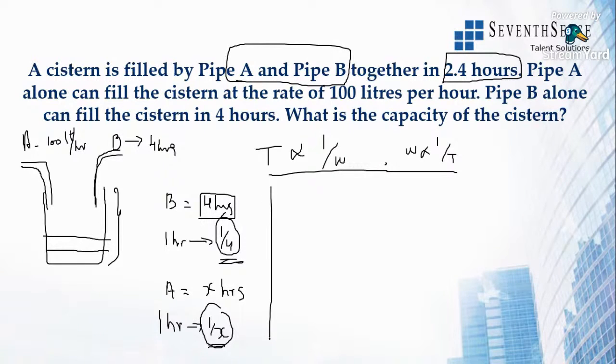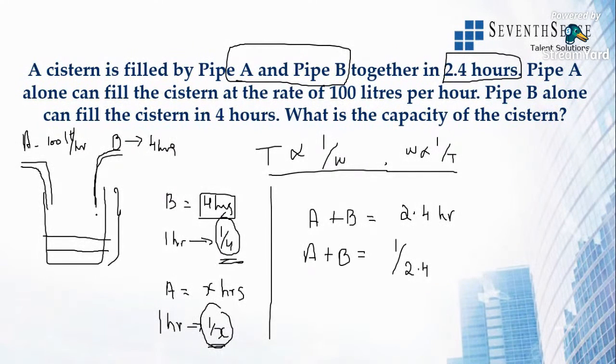Now both A and B together fill the tank in 2.4 hours. That is, every hour A and B together fill 1 by 2.4 of the tank.